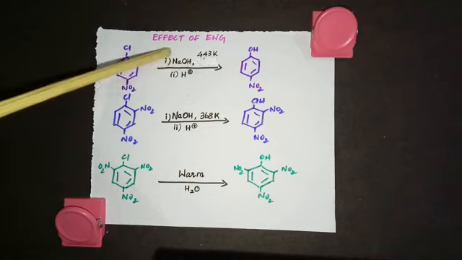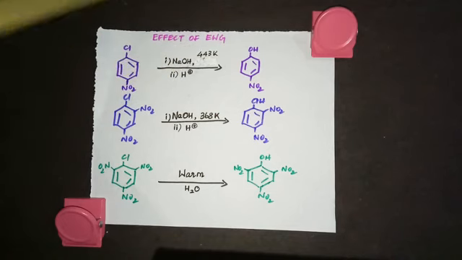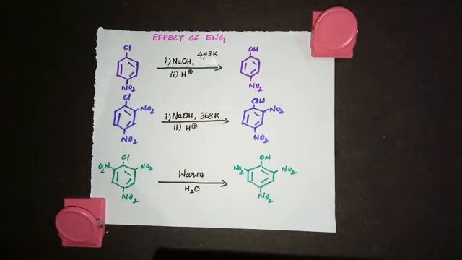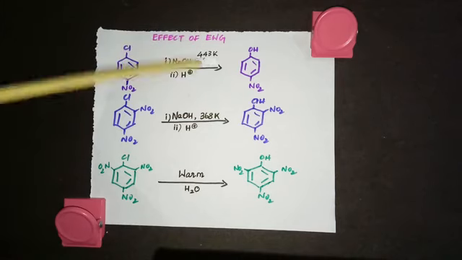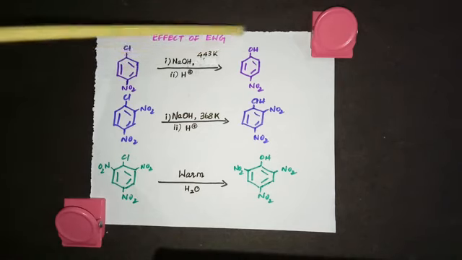Now when I'm treating it with NaOH and H plus, what temperature is enough? 443 Kelvin is enough. But when we tried nucleophilic substitution reaction of chlorobenzene, we needed 623 Kelvin. But when an electron withdrawing substituent is present at the para position, just 443 Kelvin is enough. This chlorine is substituted by OH.